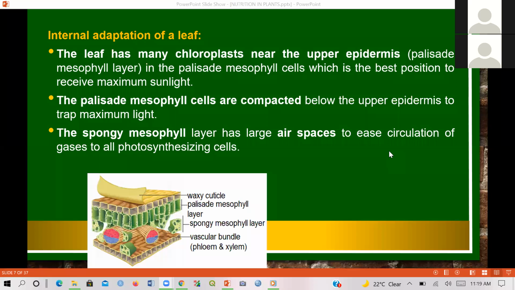Maybe since they may make holes in the leaves, they won't be able to trap sunlight. Then you remember the first adaptation the teacher gave us: broad, flat, wide. So when they eat part of the leaf, they're reducing the surface area of the leaf, isn't it?